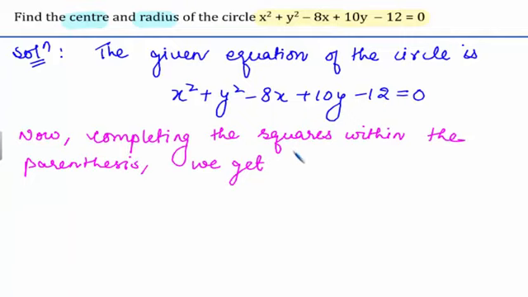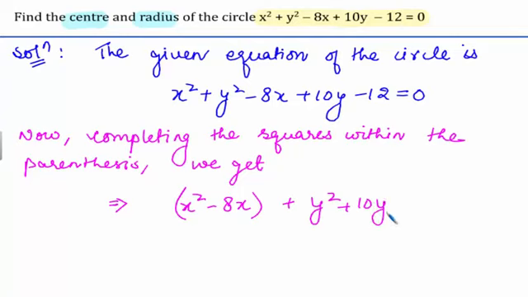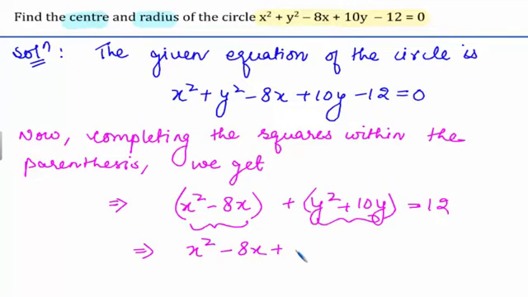Now, completing the squares within the parenthesis, the given equation of the circle can further be written as x square minus 8x plus y square plus 10y is equal to 12. Now we will complete the squares of these two brackets, that is, this can be written as x square minus 8x plus 16.